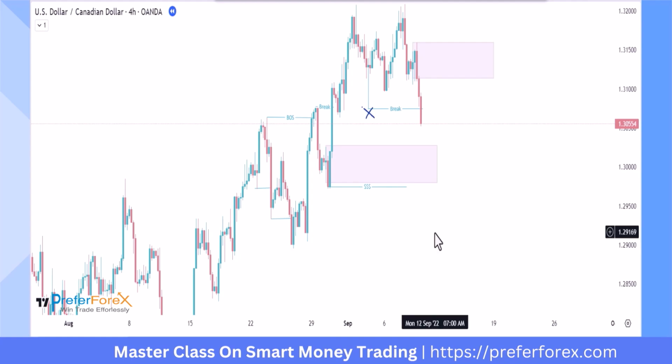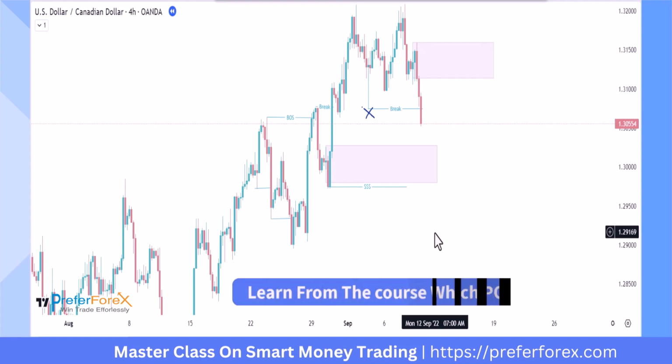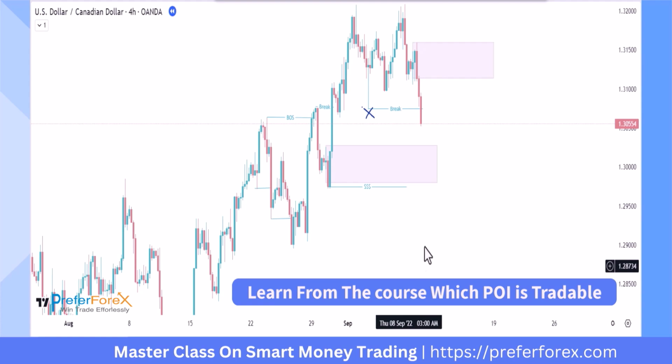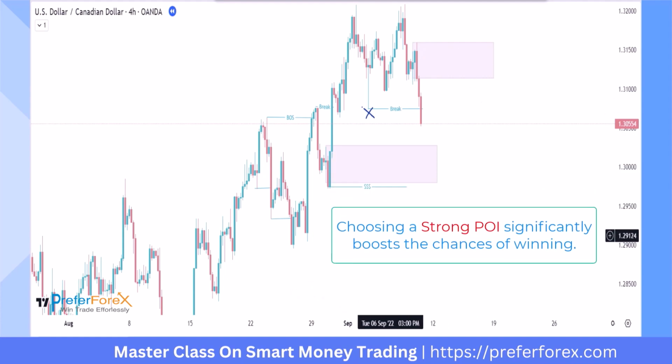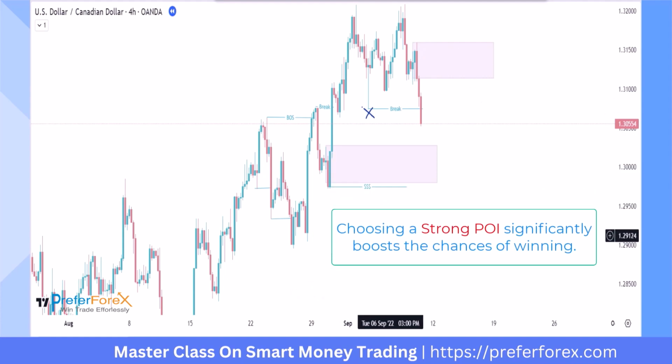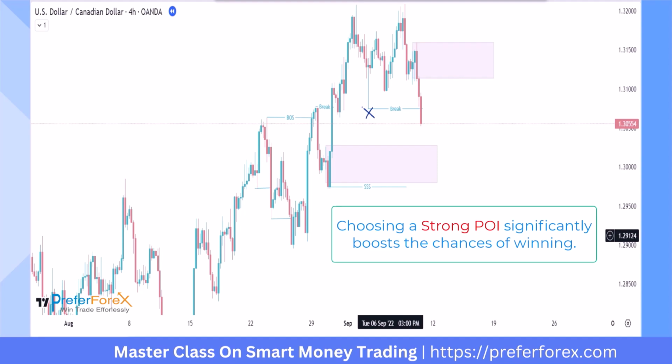However, detecting the potential POI is very important because your winning rate of trade depends on how strong your POI is. In a movement, you may encounter several points of interest, or you can say supply or demand areas. It is important to choose the POI for your entry that has a high probability of success.